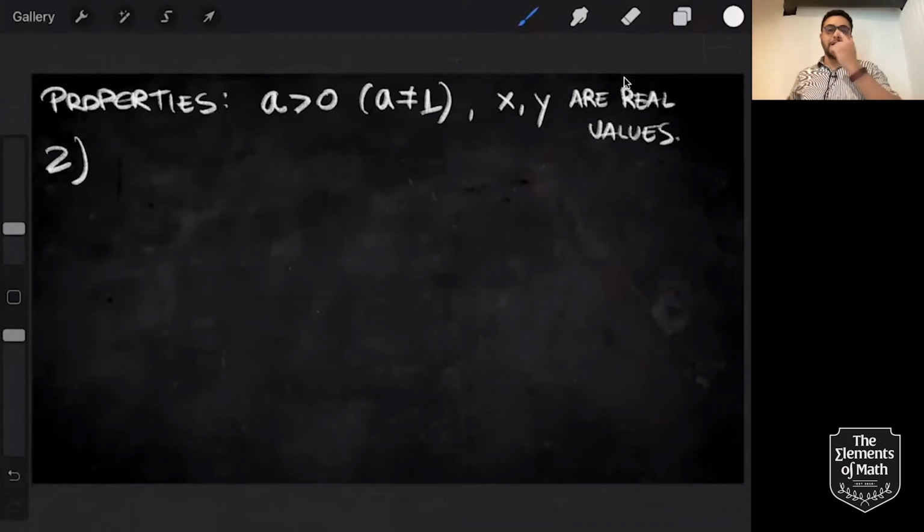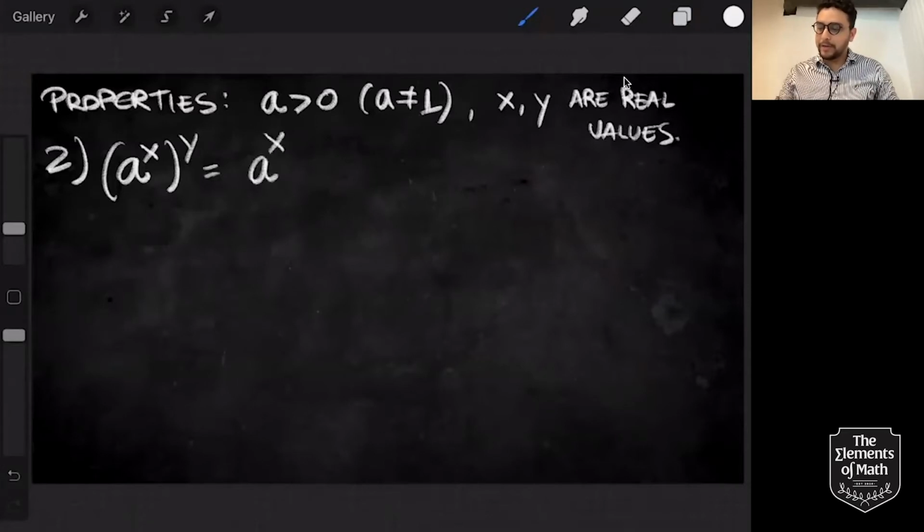You can pick any value. But we are giving some examples, so we're using natural numbers. So number 2, I have the following situation: a to the power x to the power y is equal to a to the power xy.